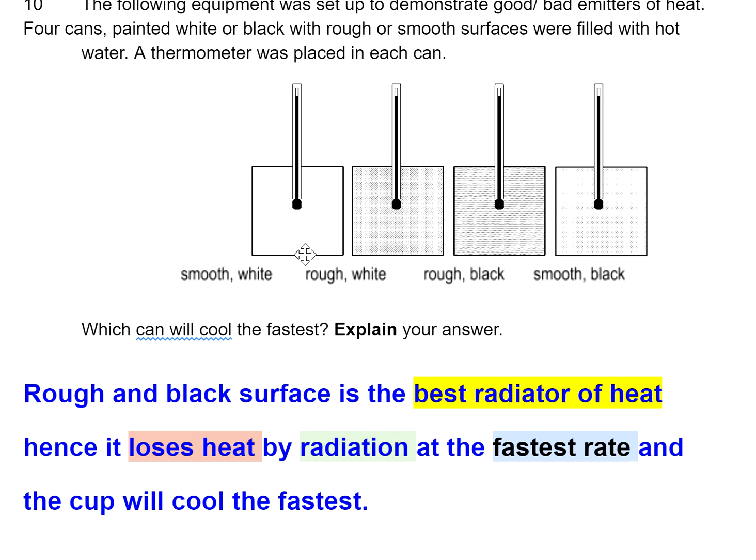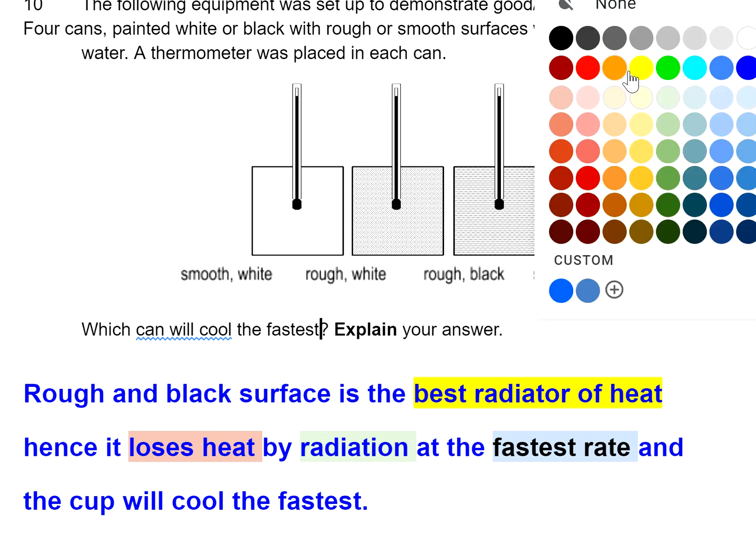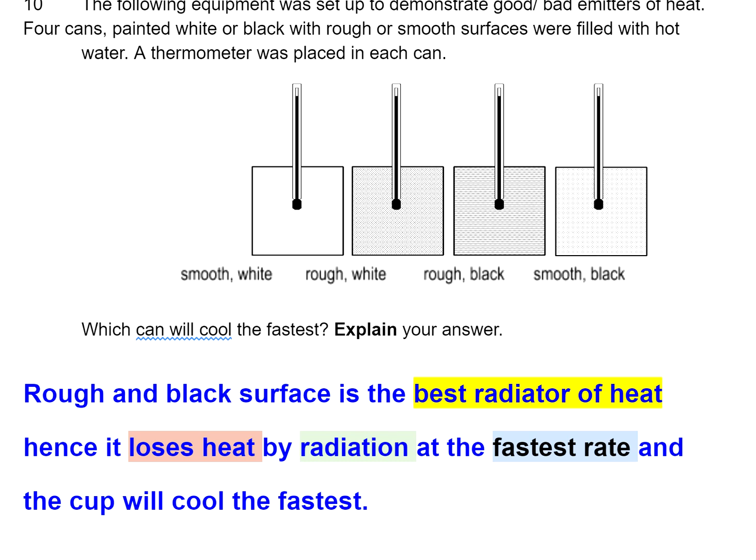The can that will cool the fastest is the can that emits the most heat. So we have to look for the best emitter. We should know by now that the good emitters are the ones with rough and black surface.